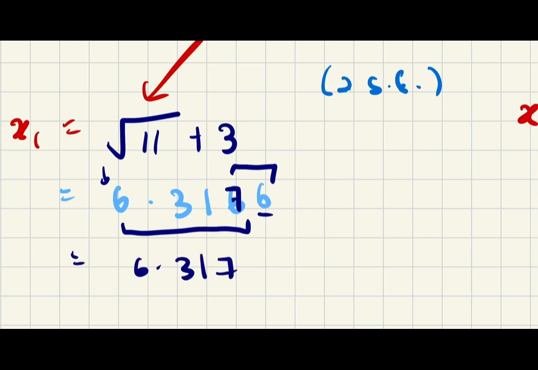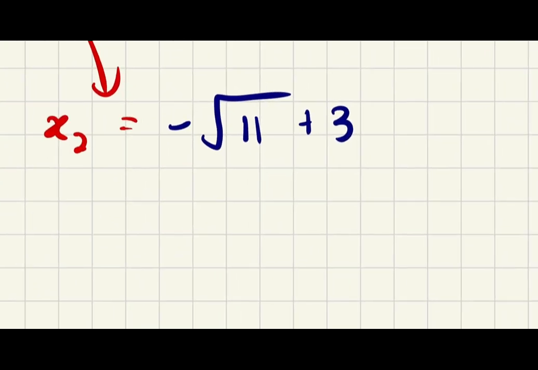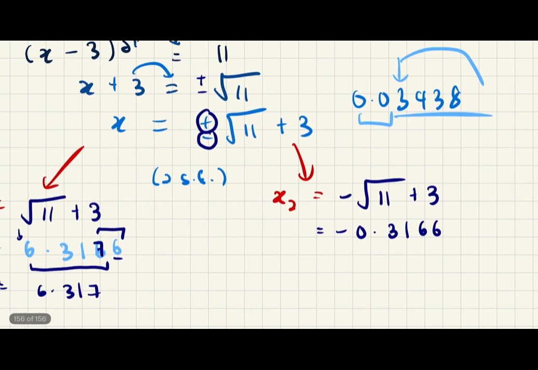This is your x1. And then here is equal to, okay, negative square root of 11 plus 3, you'll get total negative 0.3166. Okay, so this is your answers.